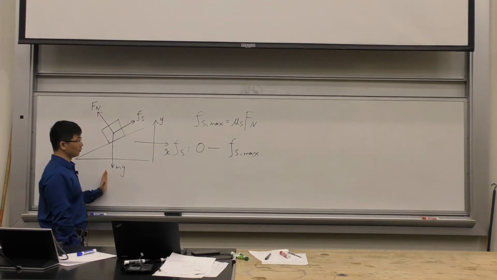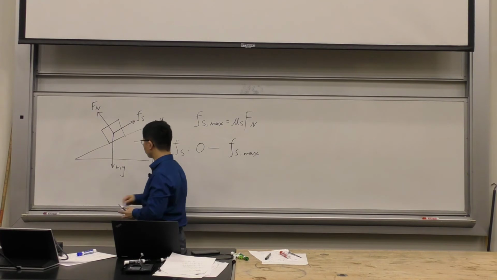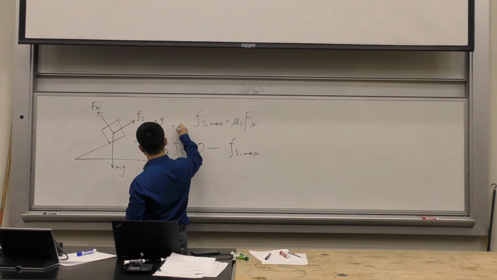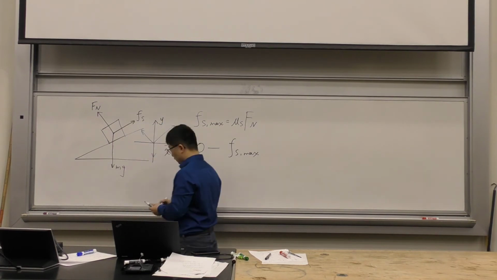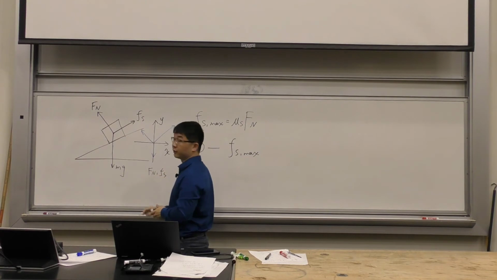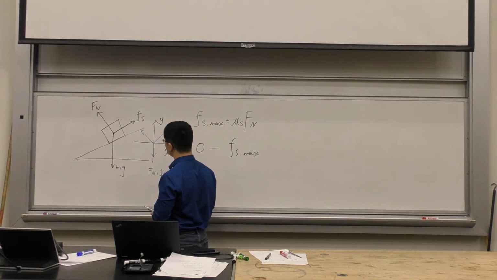Gravity you don't need to break, because gravity is already in the y direction. So you would have these three forces: gravity is this way, normal force that way, static friction force this way. How many forces do you need to break? You're going to break normal force and friction force, if you want to work with components. So two forces you need to break.